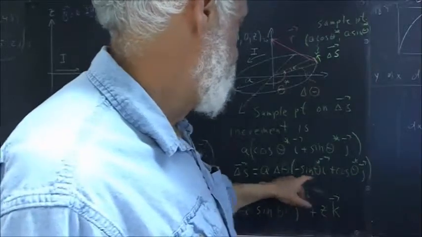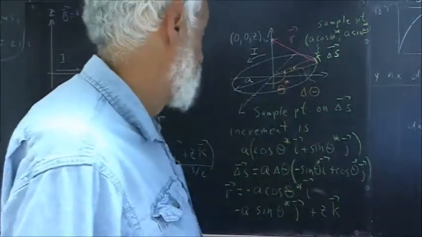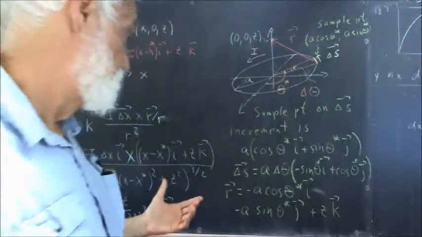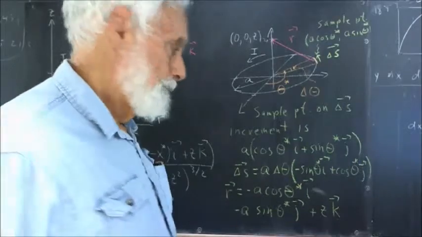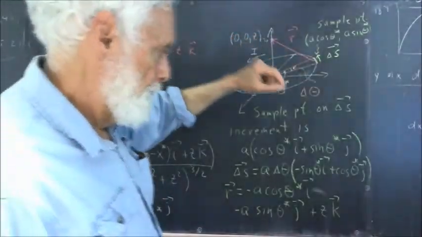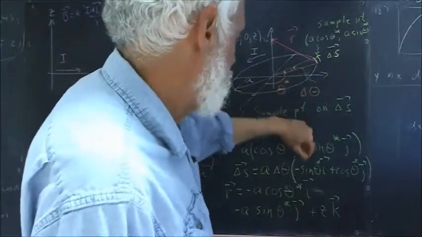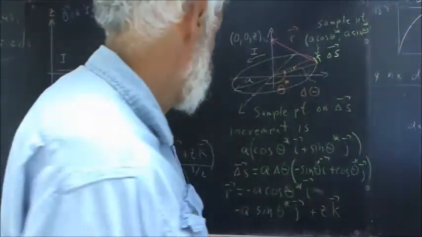You can confirm that that's perpendicular to the direction of this vector, the dot product being 0, and in many ways you can validate that this is the correct vector. So here's our delta S vector.